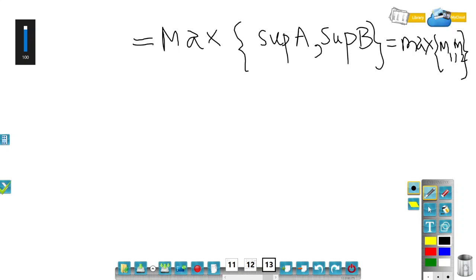This maximum I will call M. And now I will claim that M is equal to supremum of A union B.